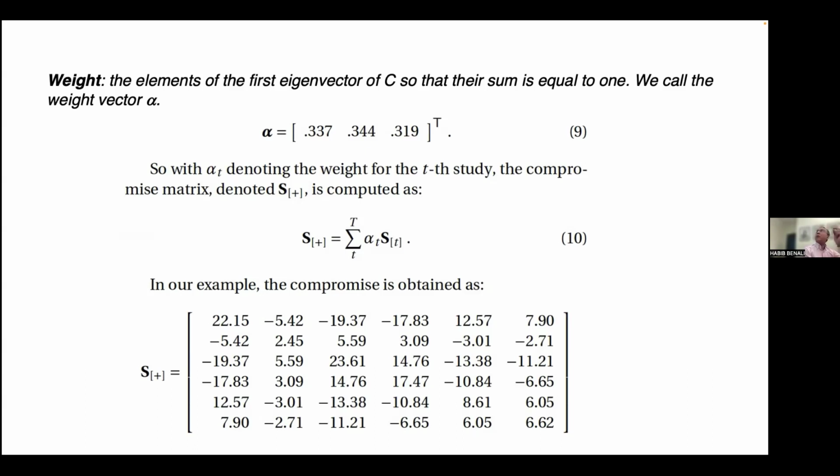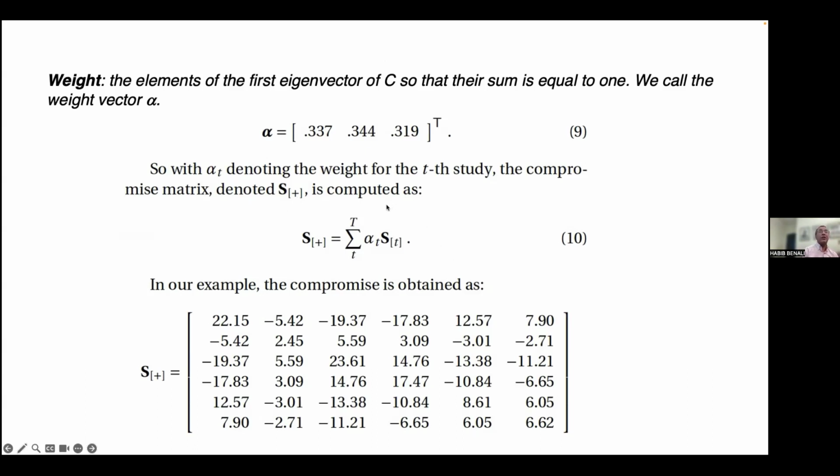So alpha 1, alpha 2, alpha 3, this is the coefficient alpha, are the weights, the best compromise weights. If I get the best compromise weights, I can then derive the best compromise mean. Mean of what? Mean of covariance matrices. And this is exactly what STATIS deals with.